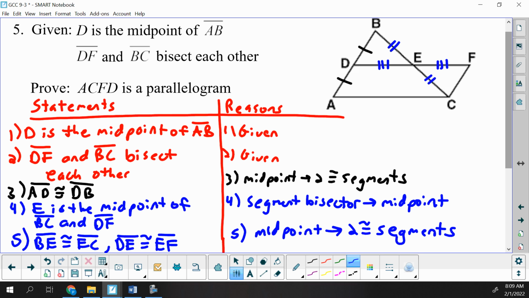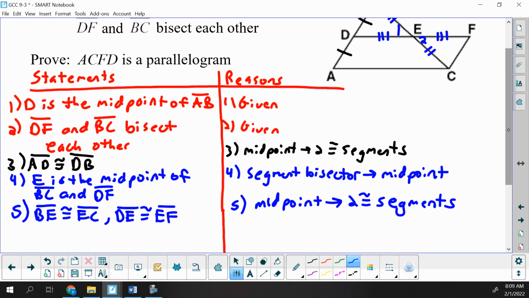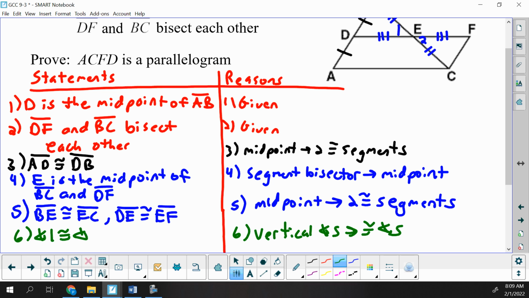But if you notice, we got crisscrossing lines there, so we can easily get some vertical angles. So let's maybe call this 1 and 2. And we can do our vertical angles implies congruent angles. We got angle 1 congruent to angle 2.